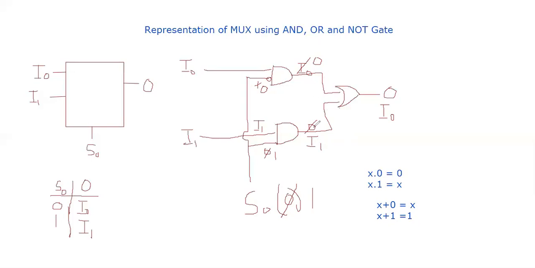With the same logic, 0 OR I1 is not I0 but I1. So when we are passing 1, I1 is selected, and when we are passing 0, I0 is selected. That is why this is the AND-OR-NOT representation of the multiplexer.